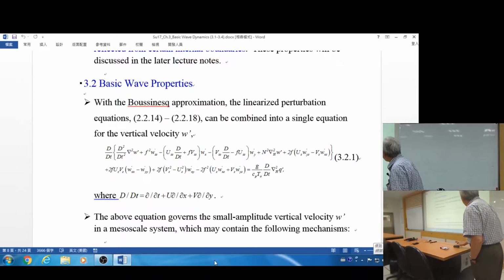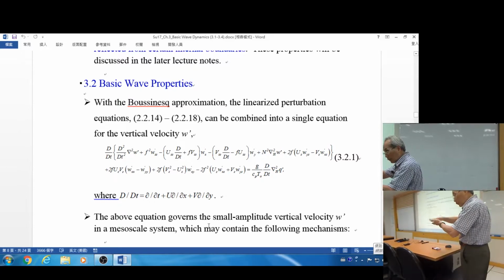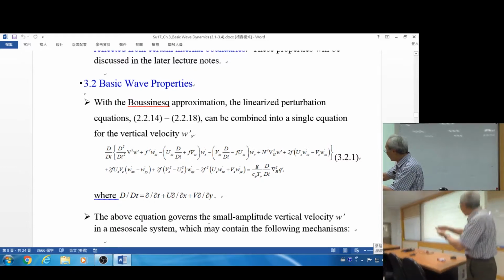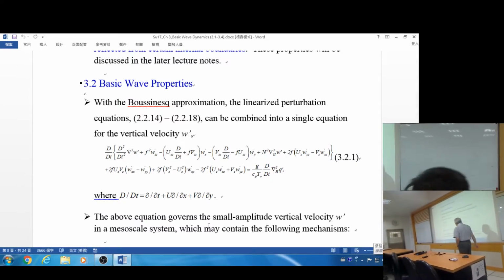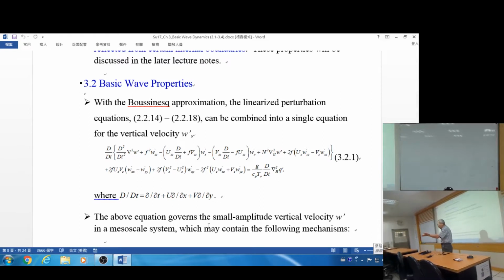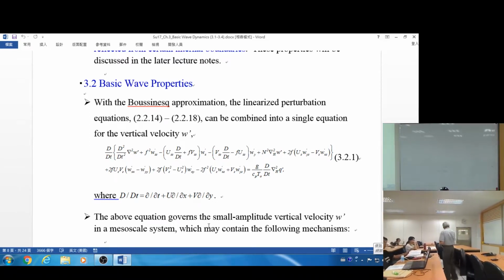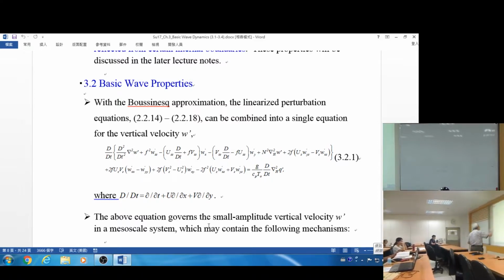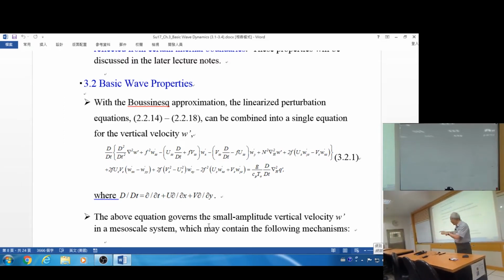And here, this equation is in terms of W prime, the perturbation vertical velocity. Can you look at that equation and tell me how many different types of waves are included in it?